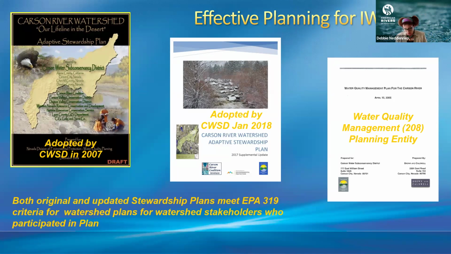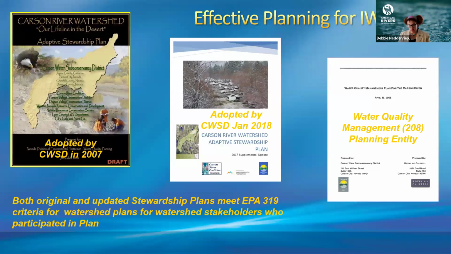And just as a side note, we are also the governor's 208 planning entity. And so that gives us a little bit of money every 3 years to kind of look at water quality planning. And we're actually due to update that plan.